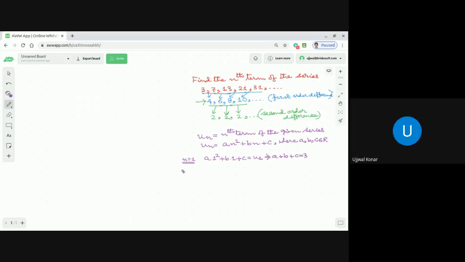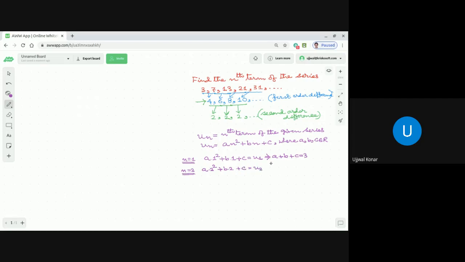Then let's apply n equal to 2. If we apply n equal to 2, then what are we going to get? A into 2 square plus b into 2 plus c is equal to u2.